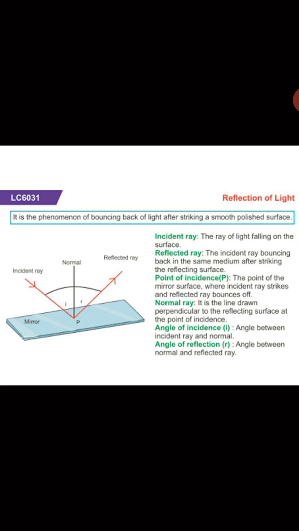That is angle I. There is one more angle formed on the right hand side of the normal, and that is given by R. So the angle between the normal and the reflected ray is the angle of reflection. So these are the parts of the ray diagram of reflection of light.